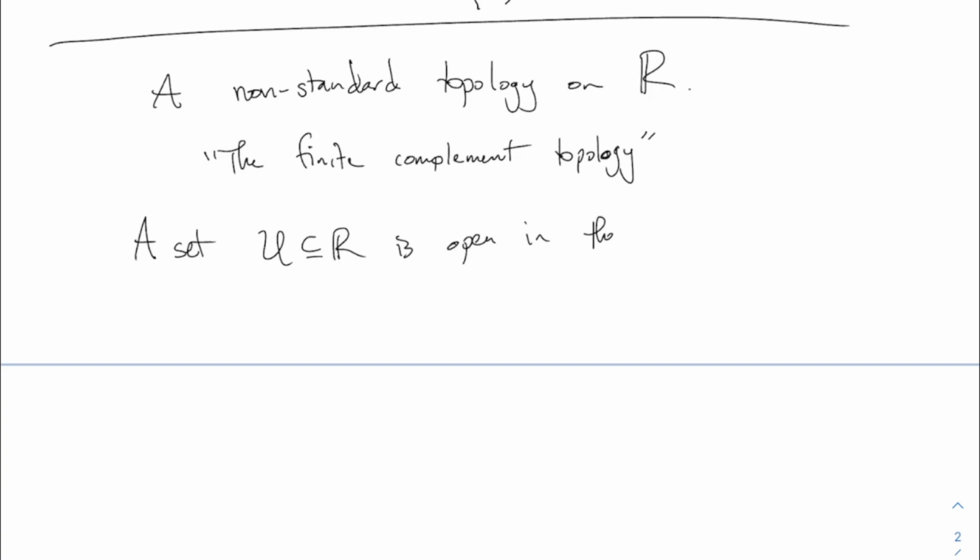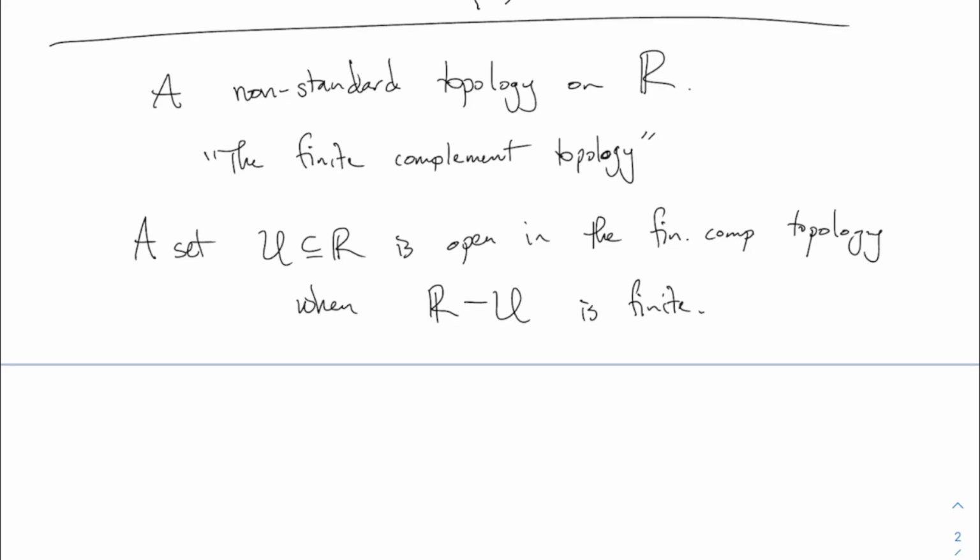in the finite complement topology when, this is what you would expect based on the name, R minus U, that is the complement of U, is finite. All right. So if the complement is finite, then we call it an open set.